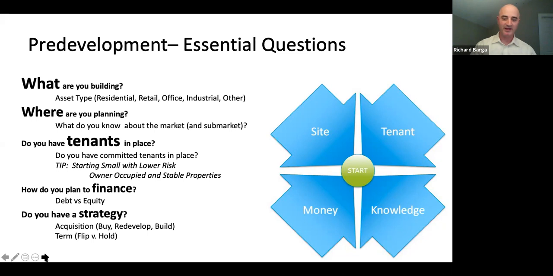And then, how do you plan to finance this building or this project? Are you going to be using debt? Are you going to be going to the bank to get a loan? Or do you have equity in the form of cash to pay a seller or to do a development project? Generally, there's a mix of both.